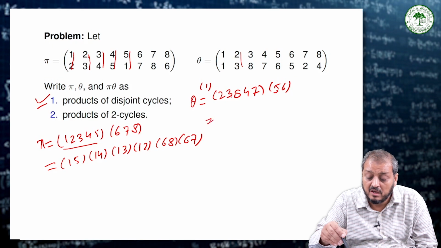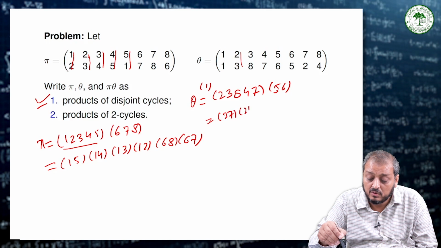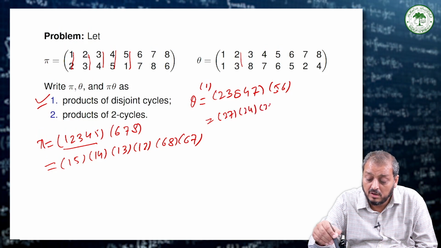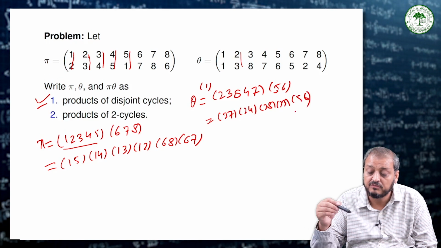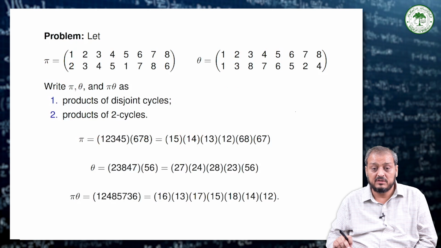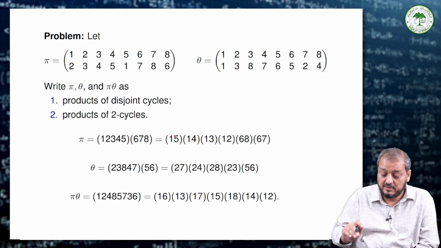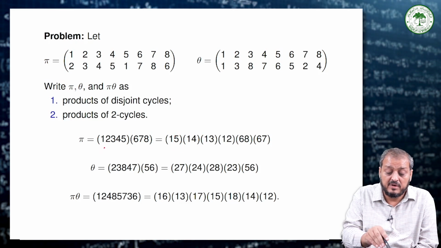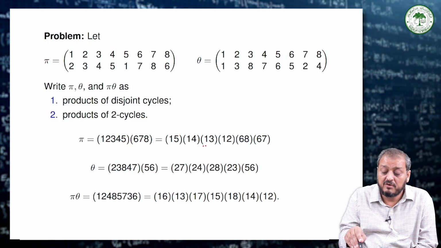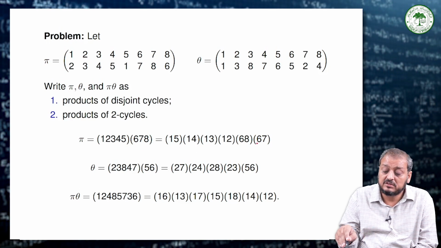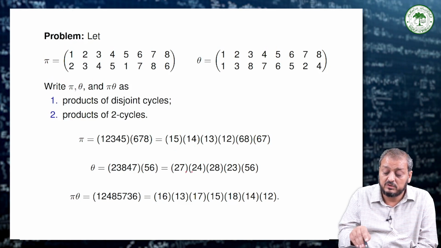We can write it in the transposition form: 2 7, 2 4, 2 8, 2 3, and this one is already a transposition, 5 6. So I just wrote it in this form. Theta can be written as 1, 2, 6, 6, 7, 8, and then 1 5, 1 4, and similarly for theta we have to write it in this form.